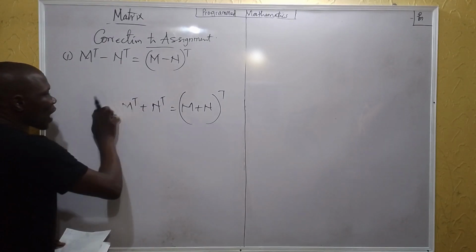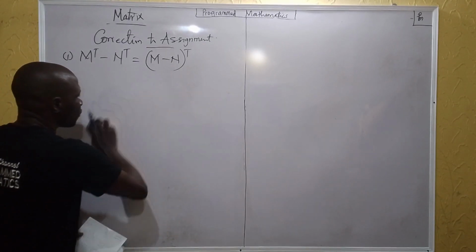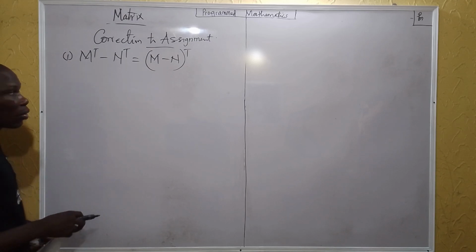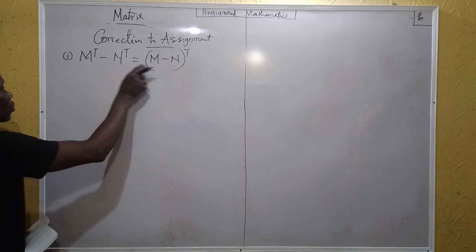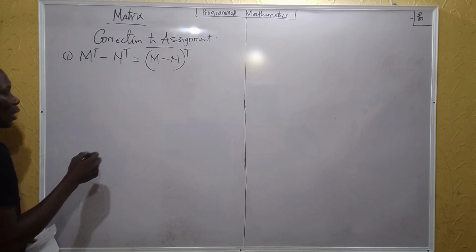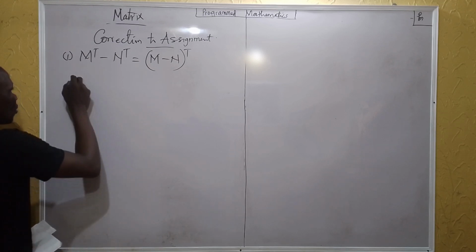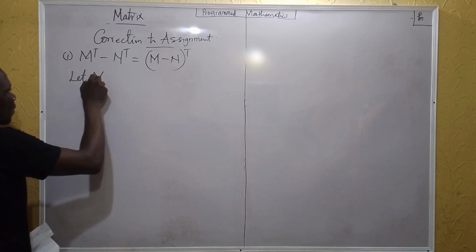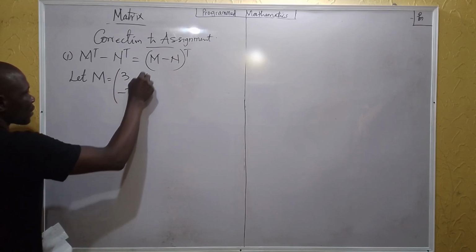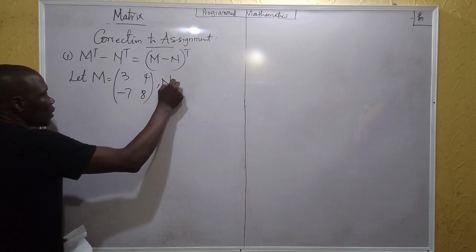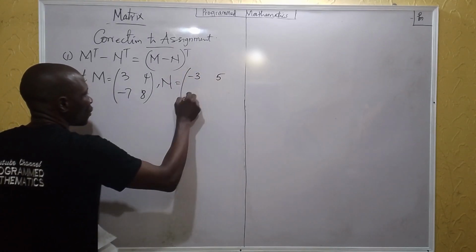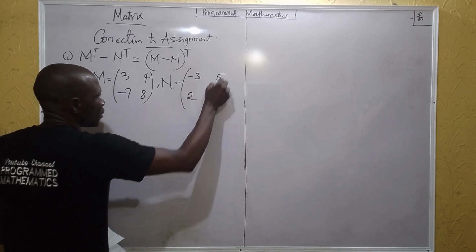So can we have the same property for the subtraction of matrices? In order to do this, we need to declare two matrices M and N of any order. Let M be the matrix 3, 4, minus 7, 8, and N be the matrix minus 3, 5, 2, 9.